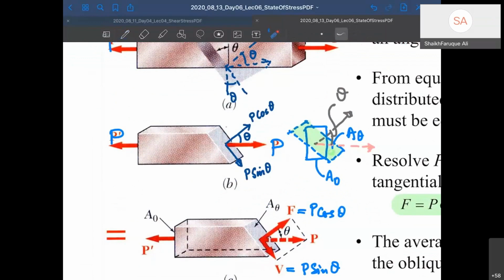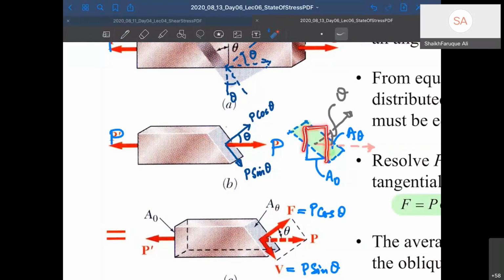Now look at the area here. My earlier area was vertical like this. Now the area is inclined. This is my area. So this P force is now acting over a bigger area, because this is inclined, and this is the smaller area because this is vertical.